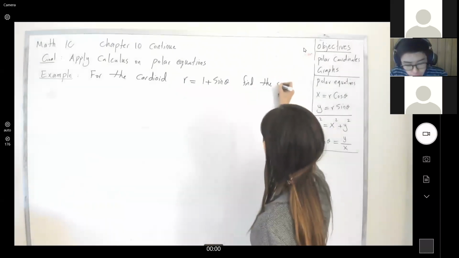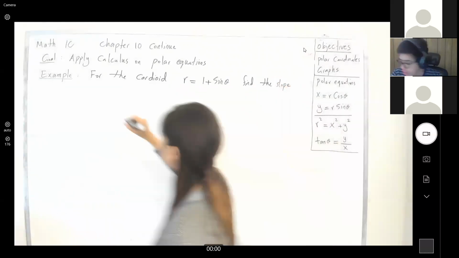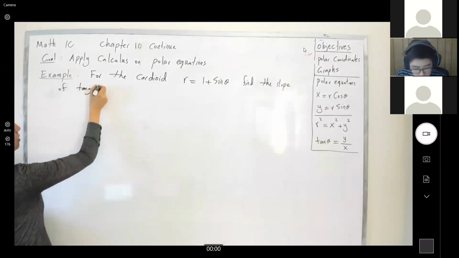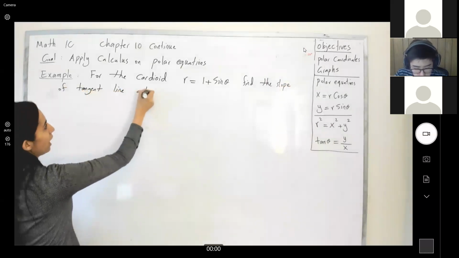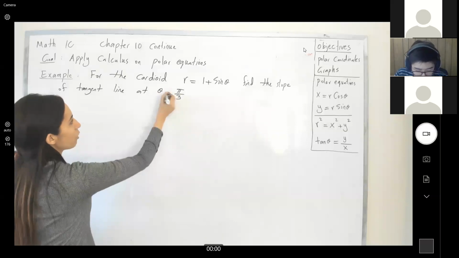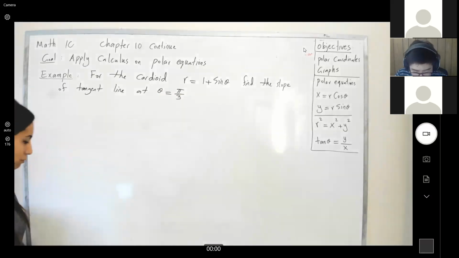Find the slope of the tangent line at theta equals pi over 3.